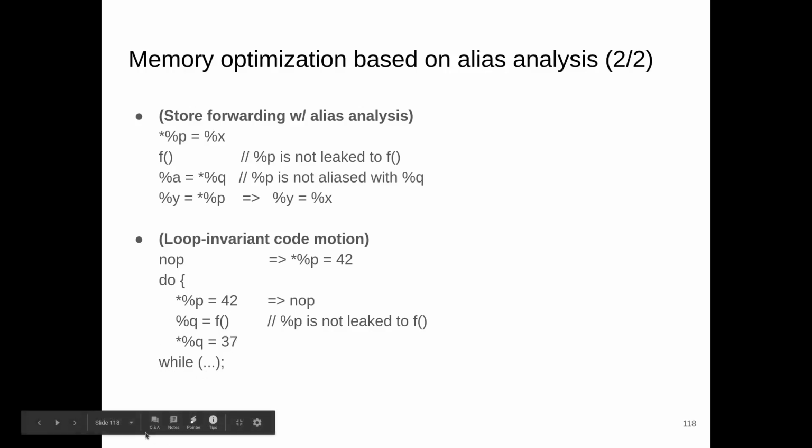If that is the case, we can safely move this instruction out of the loop. So we can just begin by storing foreach to P and then loop here, but without executing the store instruction inside the loop. Why? Because we already stored the same value before the beginning of the loop. So P is initialized with the same value. And in the left program, P is repeatedly overwritten with the same value without interfering with other locations.